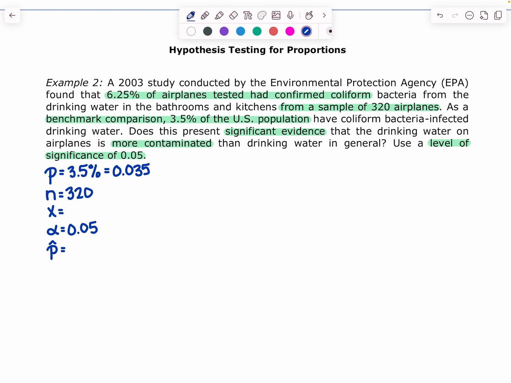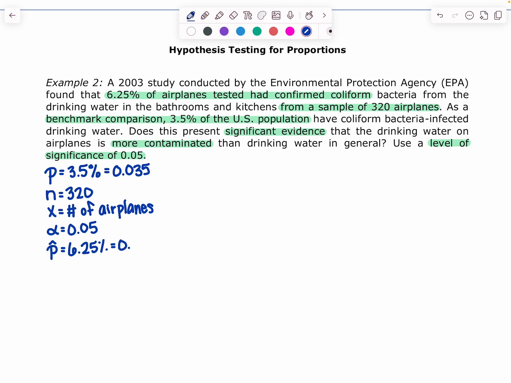X is the number of airplanes tested that had the bacteria. P hat is the percentage. So in this case, we already know P hat.